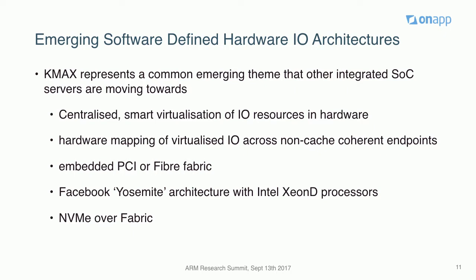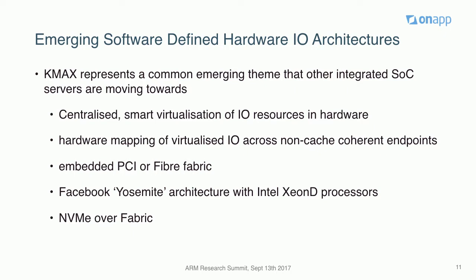The idea is that we have centralized I/O resources managed via hardware interfaces that allow us to map I/O resources to individual non-cache coherent endpoints, so shared I/O resources across multiple endpoints, with some sort of embedded PCI or fiber fabric. In the KMAX case, this is an embedded PCI bus, but it could equally be some other type of fast interconnect.